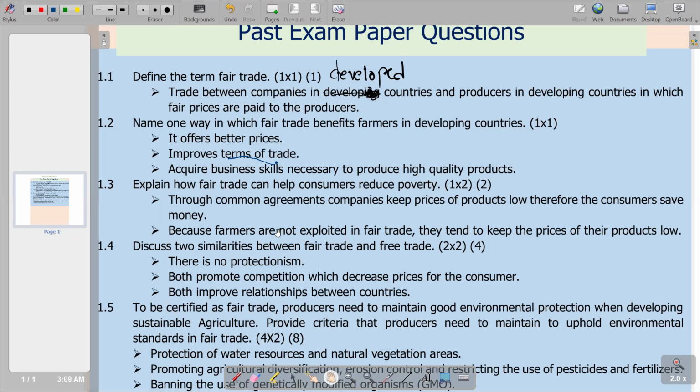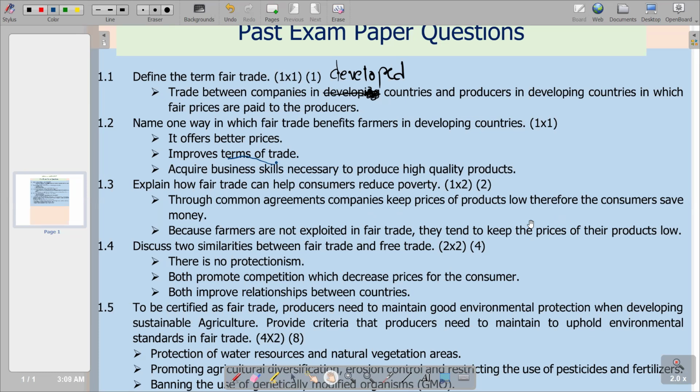The first point is that through common agreements, companies keep prices of products low, and therefore consumers save money. So we are talking about the reduction of prices that exists in the process of fair trade. When prices are reduced, customers are going to buy these products at a lesser price.